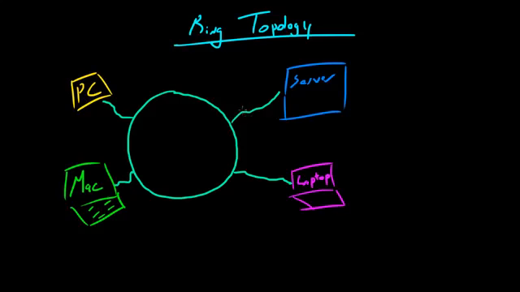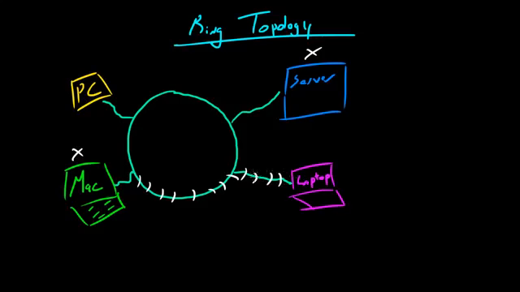Another thing is, if we look at how data is logically transmitted, say that this Mac right here wants to access this server over here. What it would do is send out a request, basically send out data, and this data would go around the ring in one direction and hit each node at a time. So it would first say, okay, laptop, do you have the file that I'm looking for?